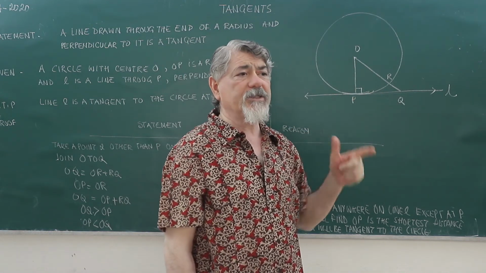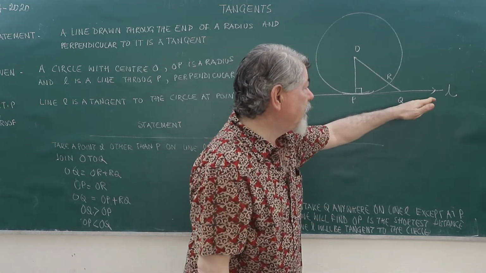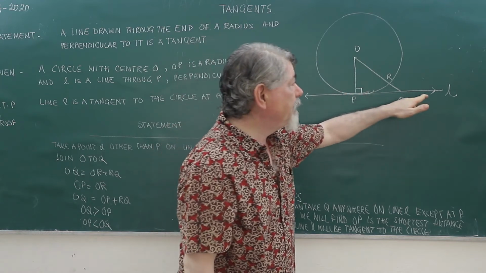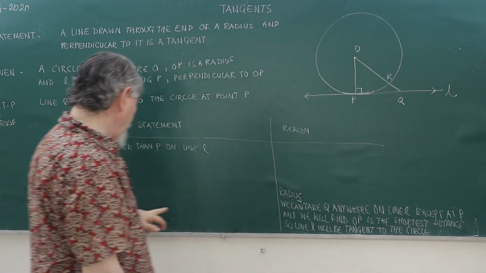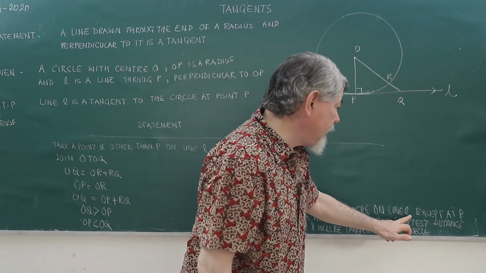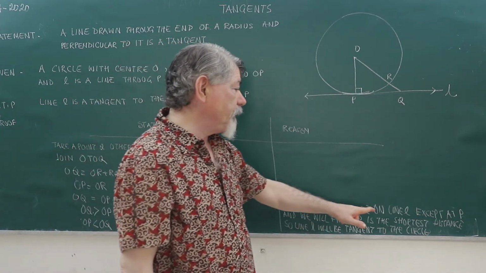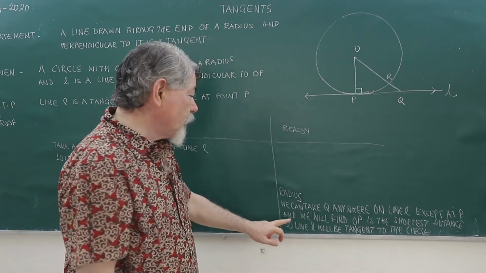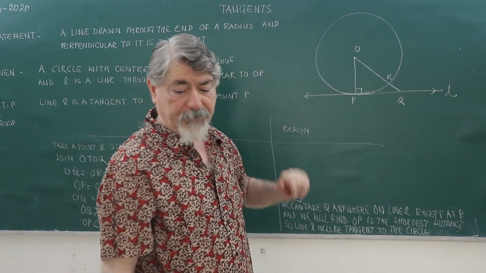And you know the shortest distance is always perpendicular. So line L will be tangent to the circle at point P.